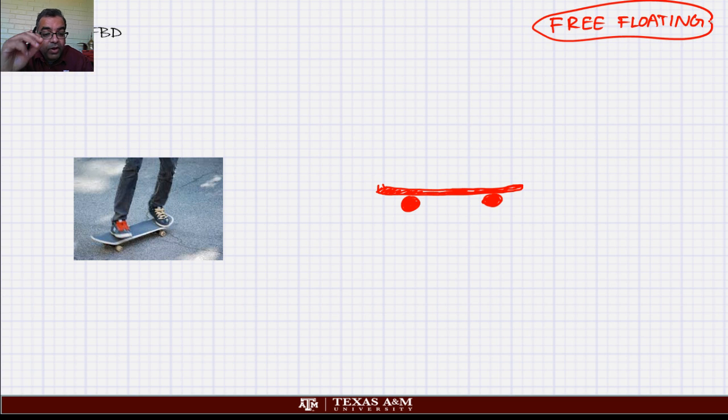It has to be free floating. Don't draw it directly there. That's a very bad habit. Please make a separate picture. Okay, that's item 1. Item 2, now let's see. I have removed the ground, right? What's the ground doing to this body? Well, it's pushing up.